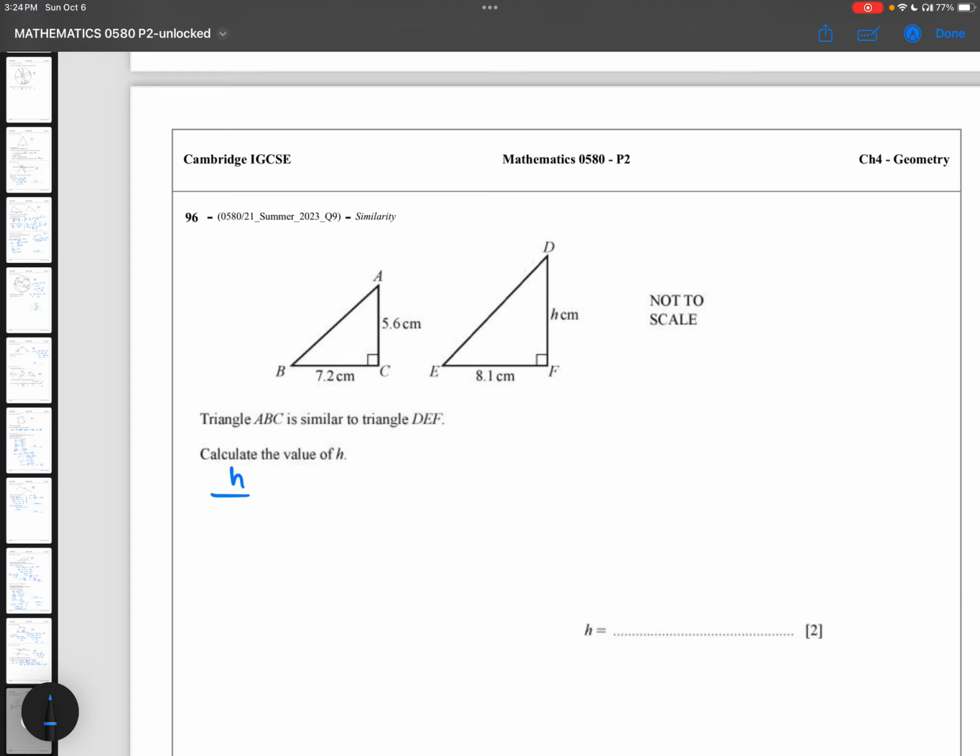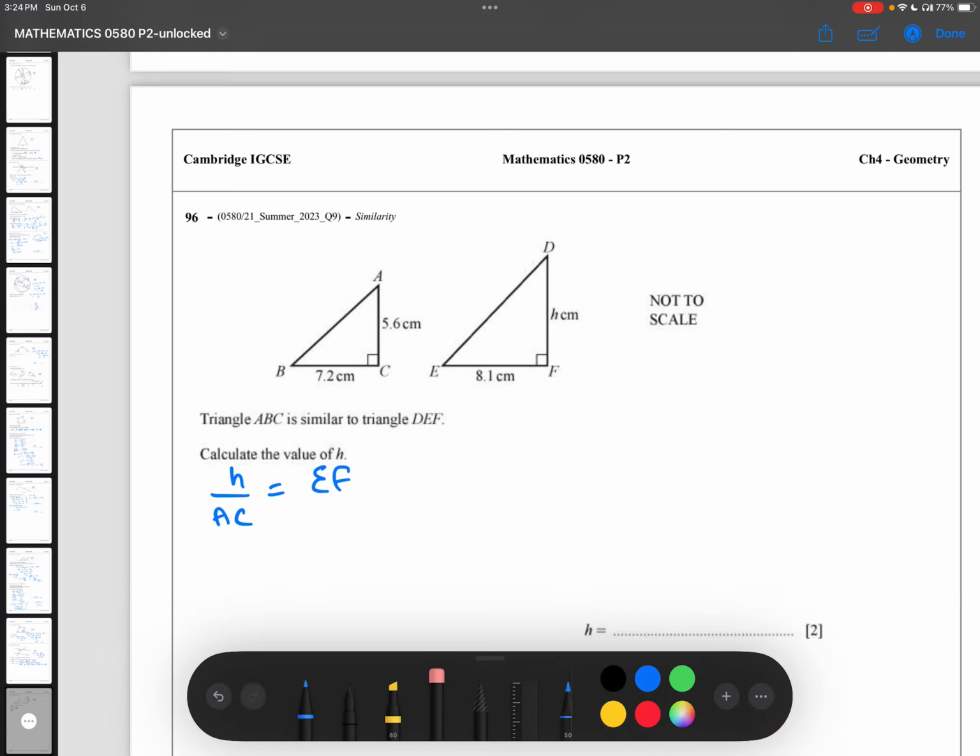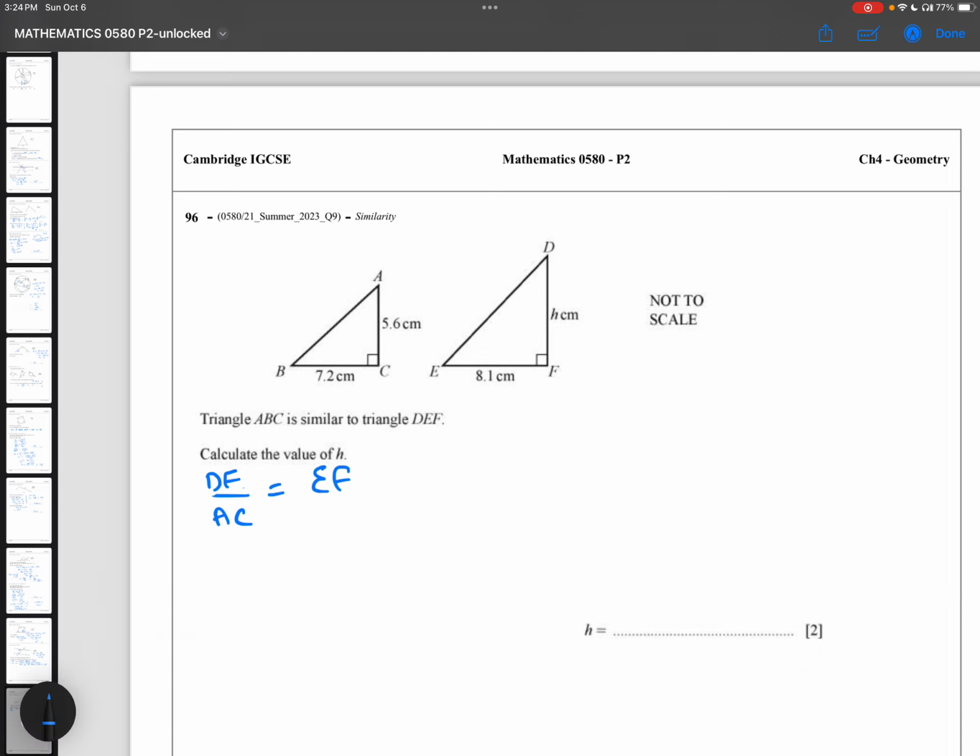So h upon AC is equal to, let's take EF now. Let me write DF over here so you don't get confused. DF upon AC is equal to EF, and EF corresponds to BC, that is 7.2 centimeters.